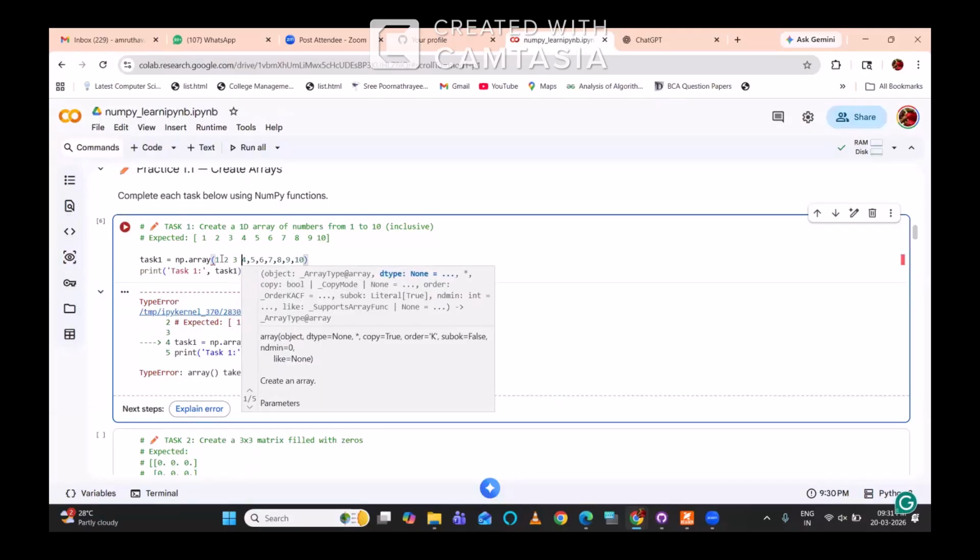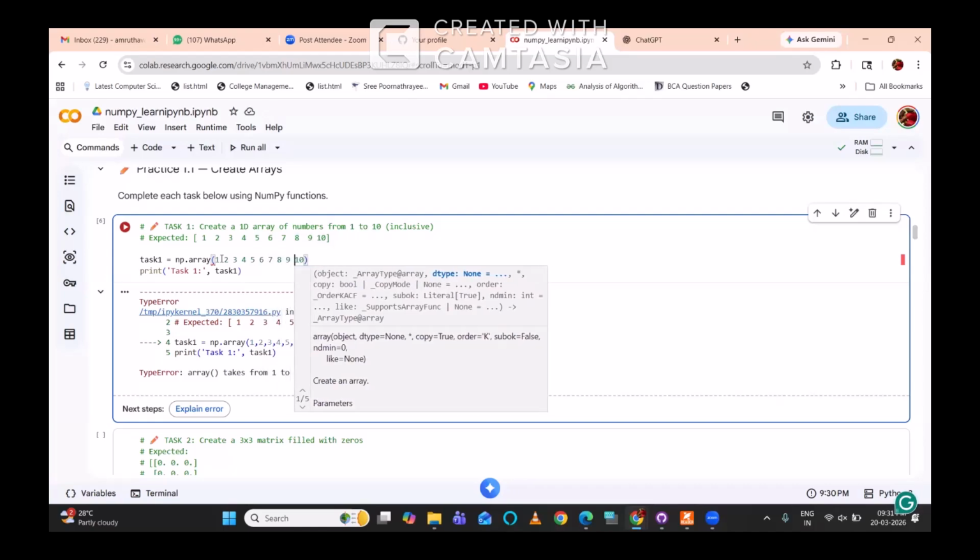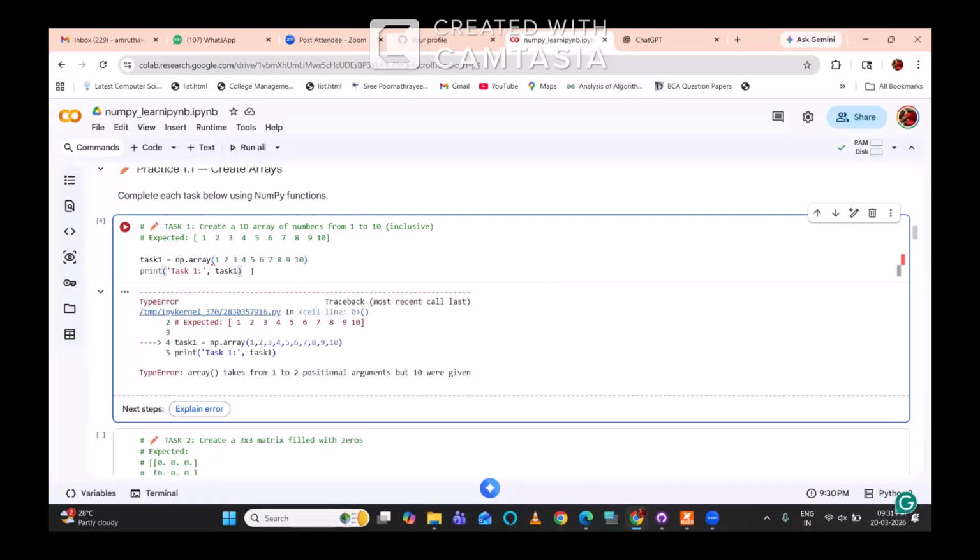See, there is one error. So, can anyone suggest to Amritavashini what is the error she is encountering? Two things.